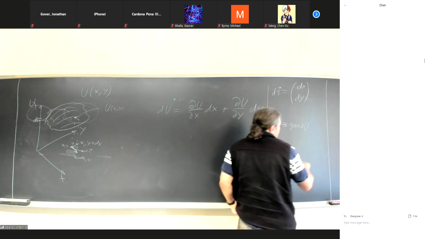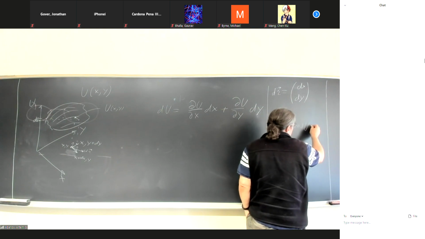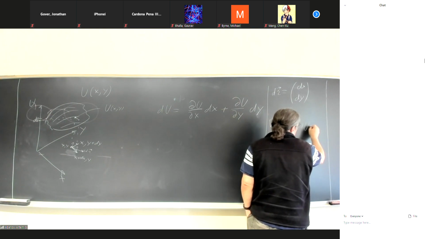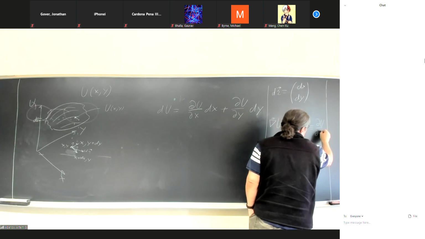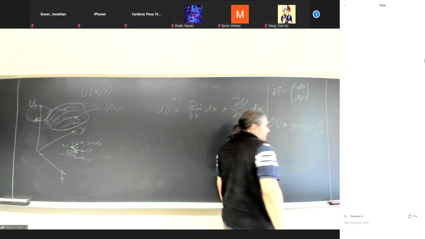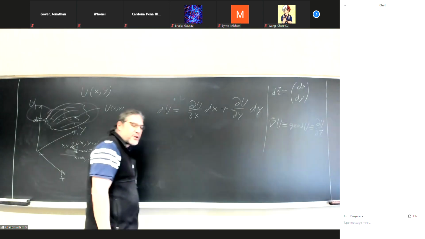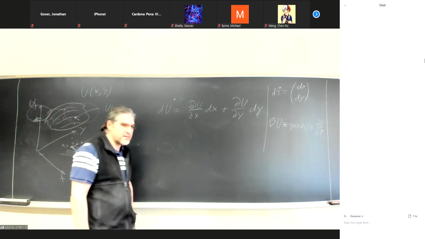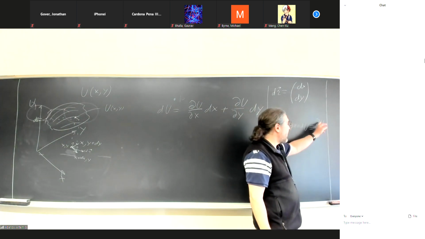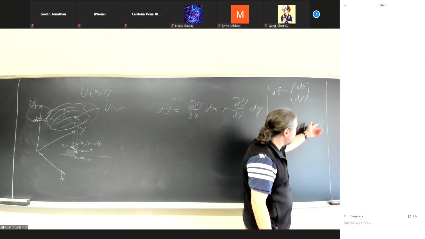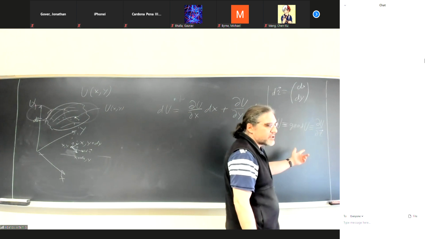Or sometimes it's actually written even funnier. It's written as du over d vector r. I spent quite a bit of time telling you that you cannot divide by r, right? But this notation is not division by r. It's just notation exactly for the same operation.